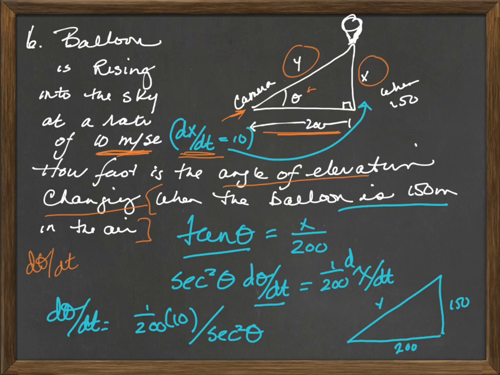Do we need it for secant? Yeah, we've got to have it for secant. So let's see, y squared equals x squared plus 200 squared.